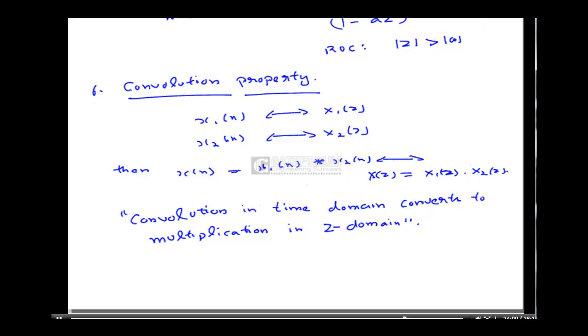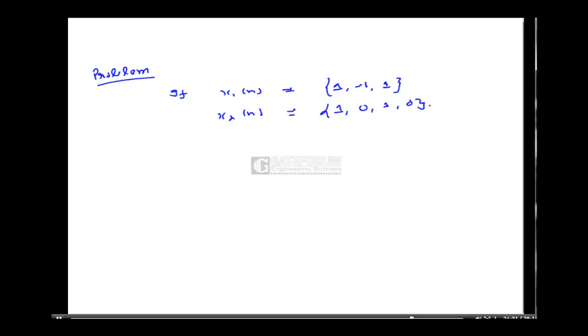Very important point. Based on this property, we can solve certain problems regarding the convolution. Okay. Based on this convolution property, see this problem. x1 of n is given as 1, minus 1, 1. x2 of n is given as 1, 0, 1, 0.